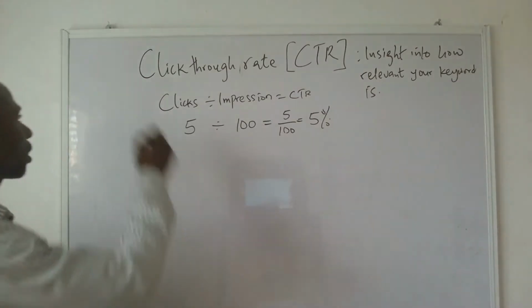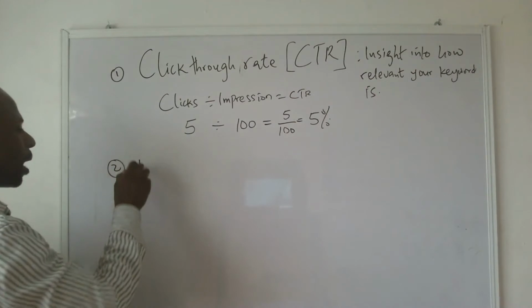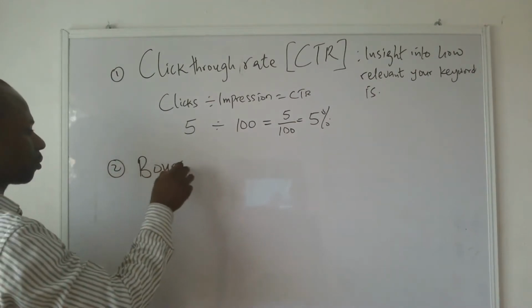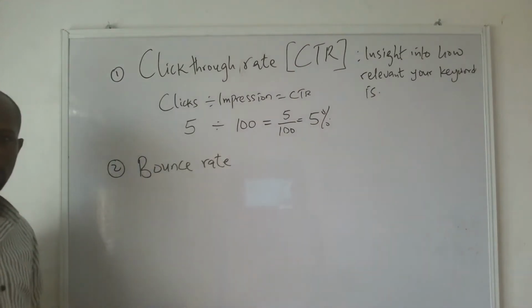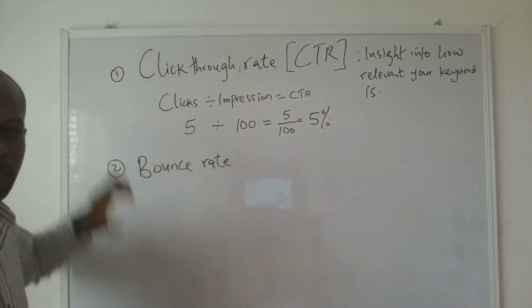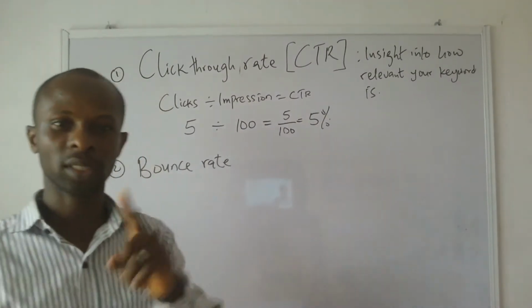Now that is the first thing. The second rate we want to look at is bounce rate. Bounce rate measures how many people exit your website after seeing only one page.